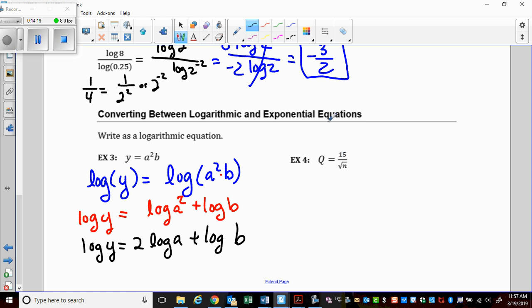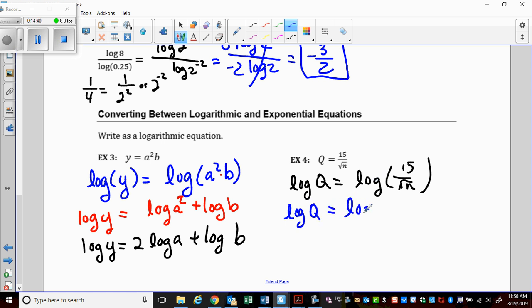This one, we're going to do the same thing. Take the log of both sides. So we have log of q equals log of 15 divided by square root of n. I'm going to expand this side by subtracting it. The left side is going to stay log of q.